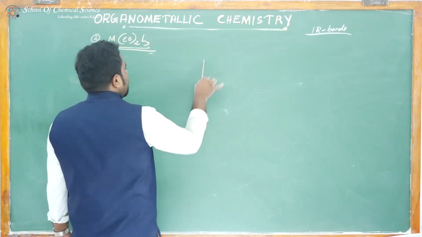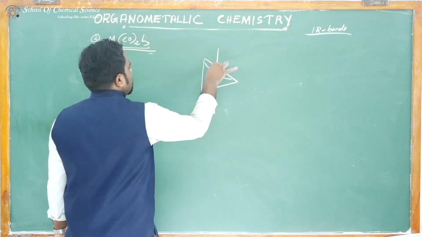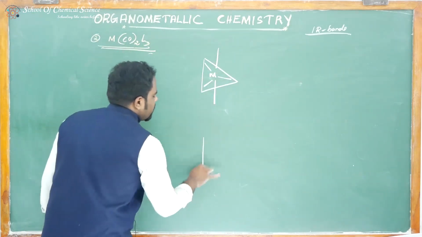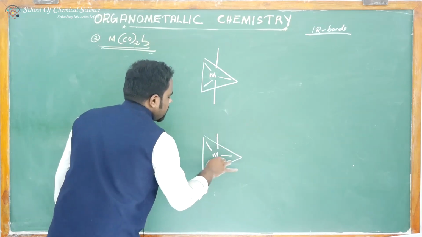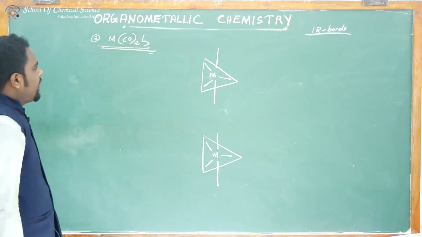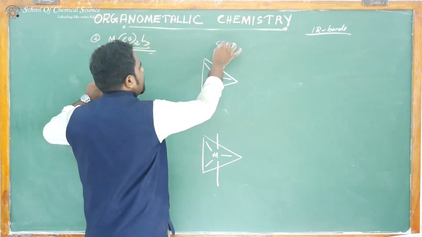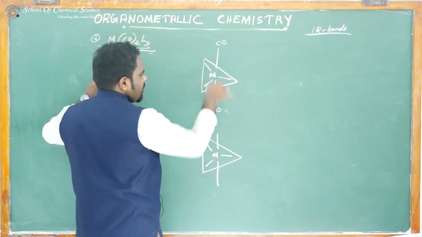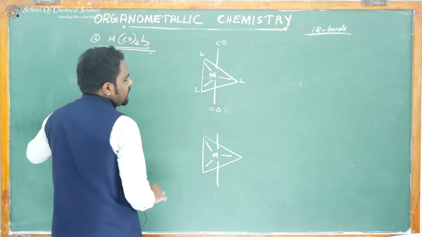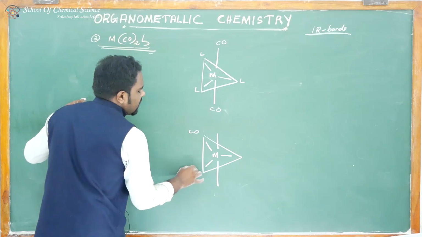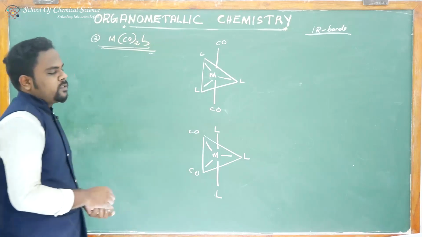MCO2L3: a triangle, metal at the center, 5 corners. Then the two COs may be trans: carbon monoxide and carbon monoxide trans, then ligand. Another possibility, CO and CO are cis to each other, then ligand. So these are the two possibilities.